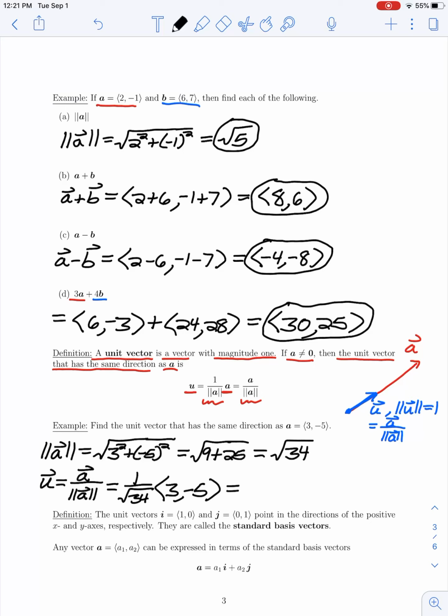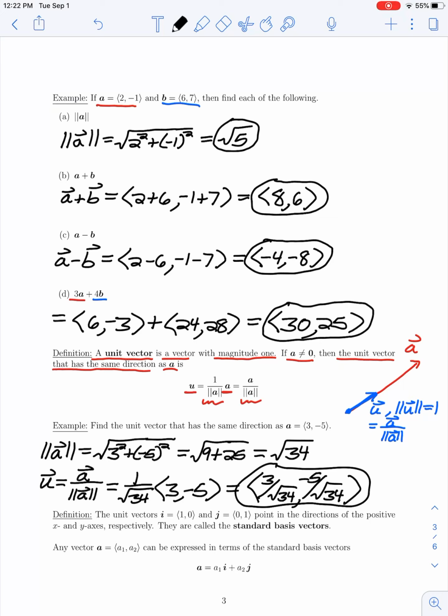And to get this scalar multiple of that vector, I would just take each component and multiply by the scalar. So I get 3 over root 34, -5 over root 34. And this would be my unit vector of interest.